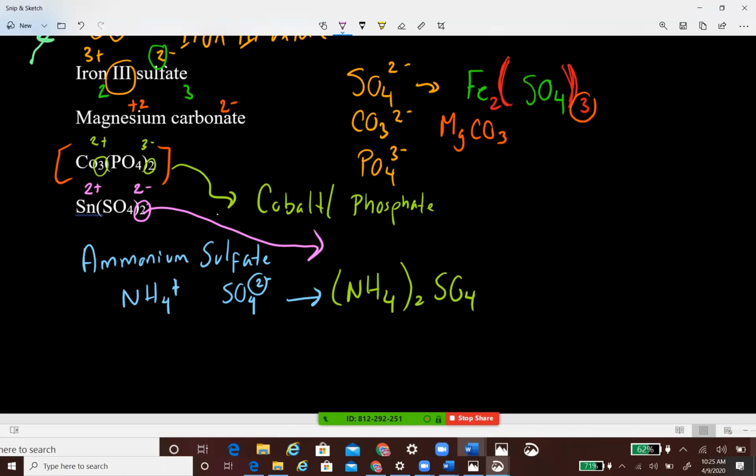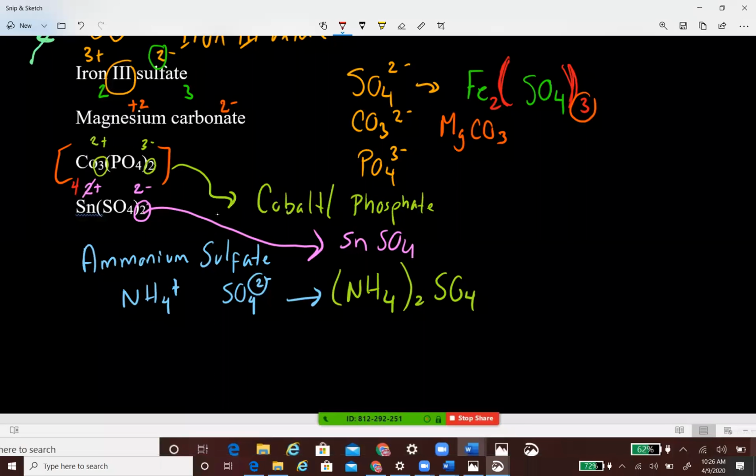Then we would have a problem, because the formula would predict SnSO4, because these two numbers are the same. But it clearly says that it's not SnSO4. It's Sn(SO4)2, which means this cannot be +2. It has to be +4.